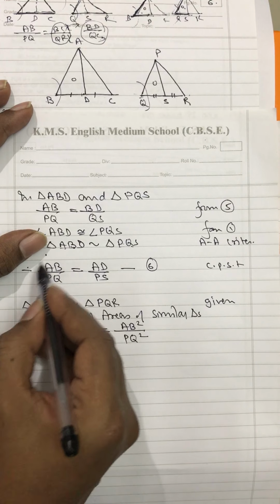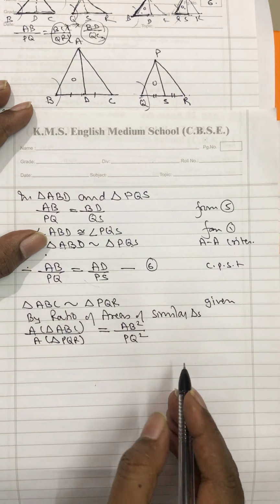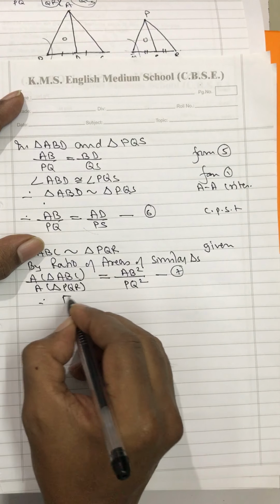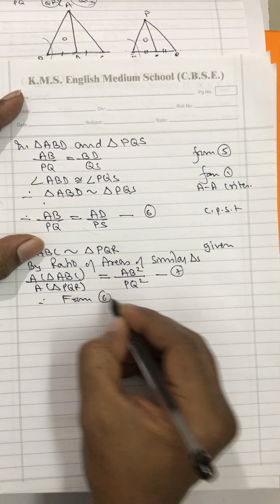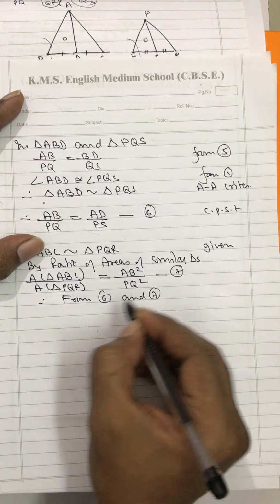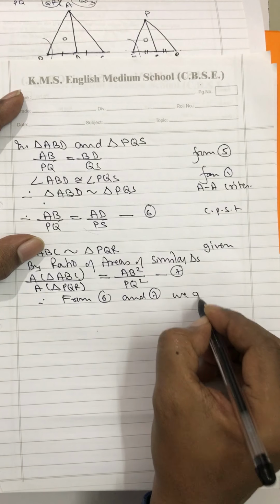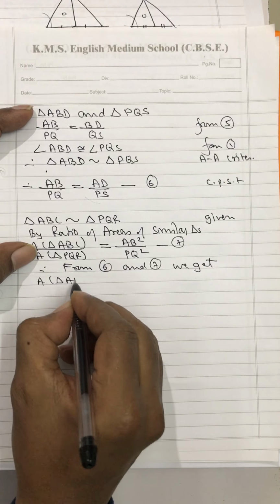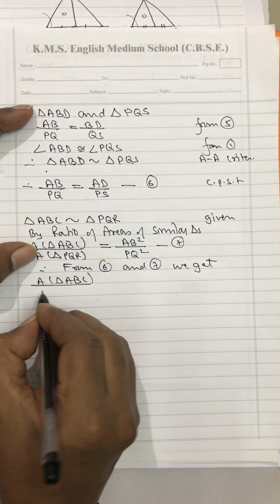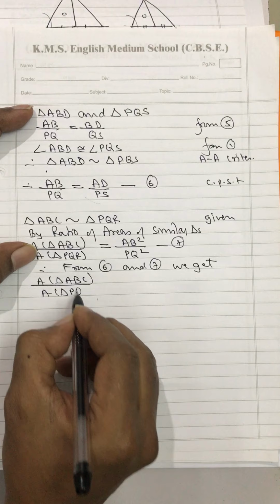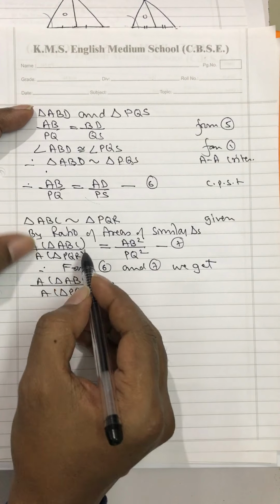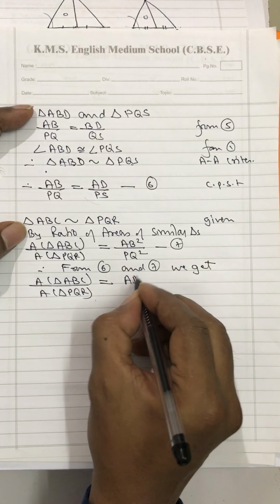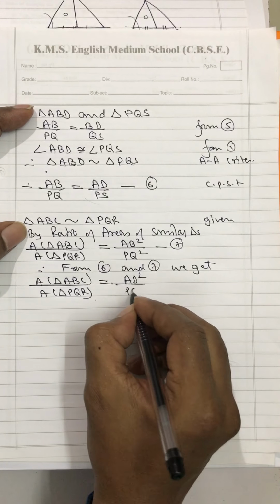But then you have proved that AB upon PQ is equal to AD upon PS. Therefore, from 6 and 7, we get area of triangle ABC upon area of triangle PQR is equal to AB square upon PQ square, which is AD square upon PS square.